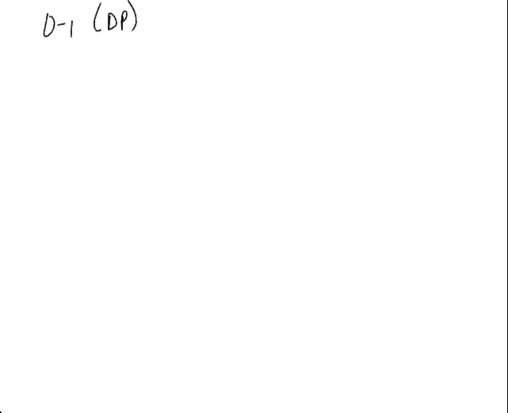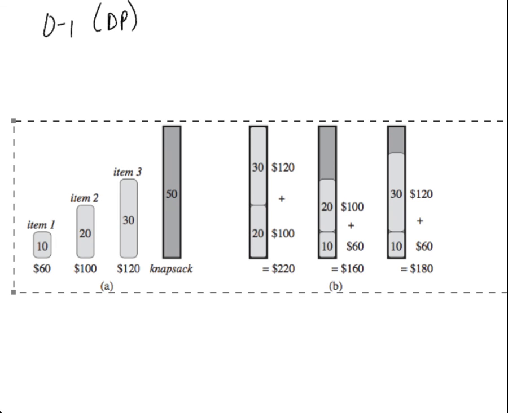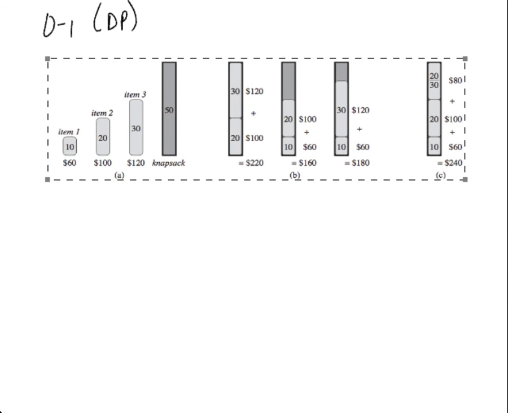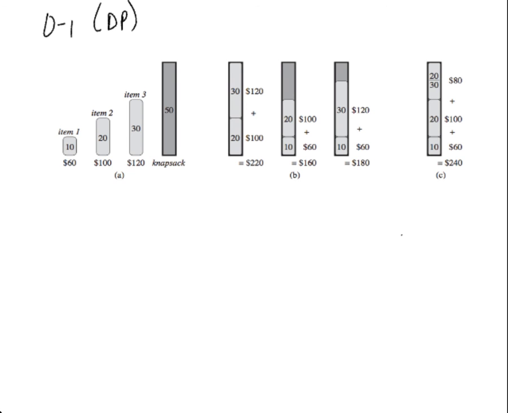Now let's bring up a figure from the book. This is on page 427. Okay, if we look in figure A, we have 3 items, and our knapsack can handle 50 pounds.